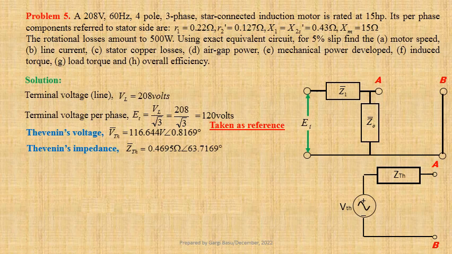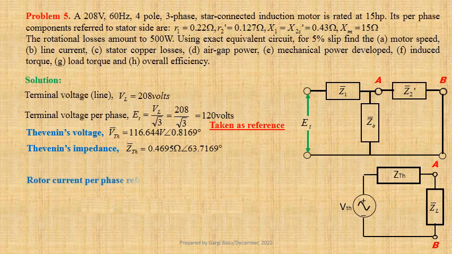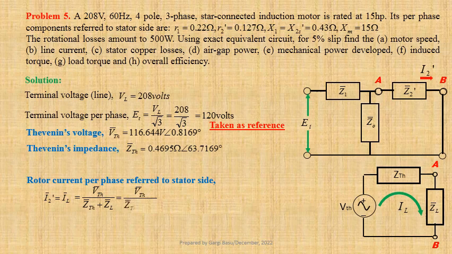Now we shall connect the load, that is the equivalent rotor impedance per phase Z2', back to this circuit. Let us determine the load current, that is the rotor current per phase referred to the stator. I2' equals IL equals Vth divided by (Zth plus ZL), or Vth divided by (Zth plus Z2').